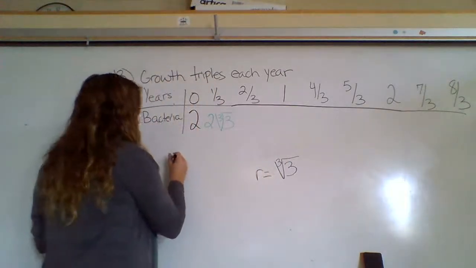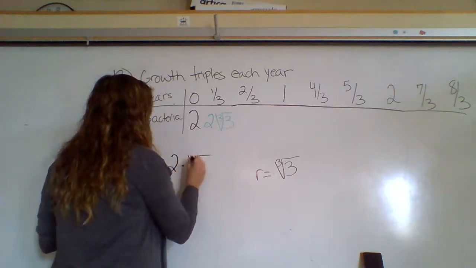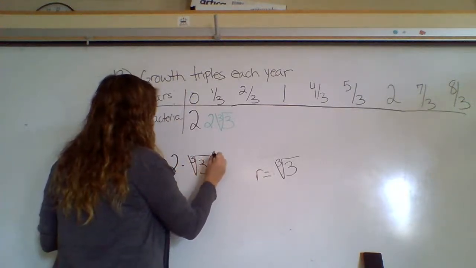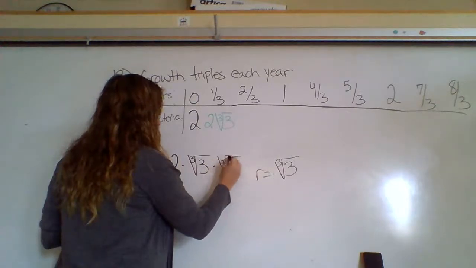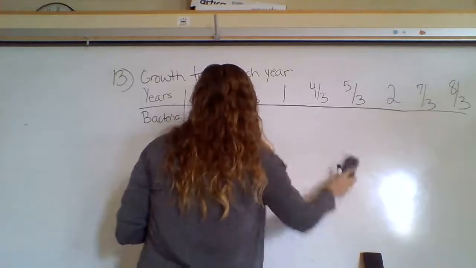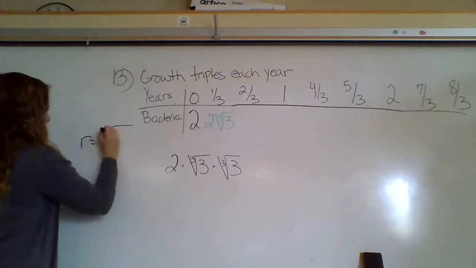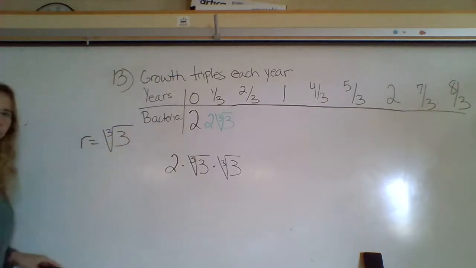So then you would have 2 times the cubed root of 3 times the cubed root of 3. Okay.